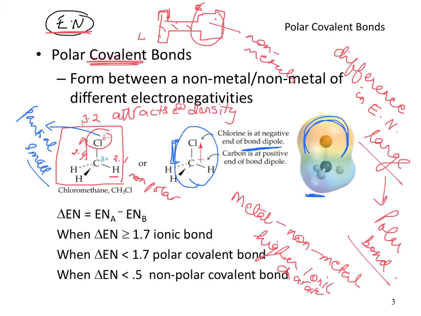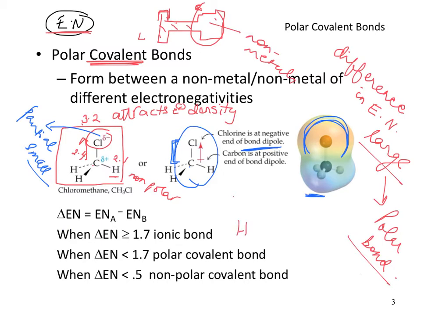Also recall, I'm going to erase parts of this so I can write more. Recall molecules which are homonuclear. So something like hydrogen bonded to hydrogen or Cl bonded to Cl. These are considered nonpolar. The reason why they are considered nonpolar is because the extent with which one atom pulls the electron density towards itself is the same as the extent that the other atom pulls the electron density back.